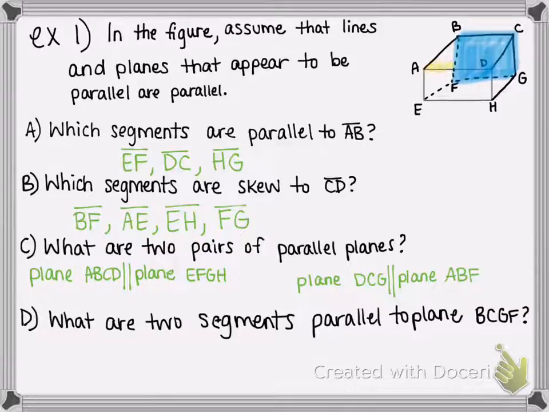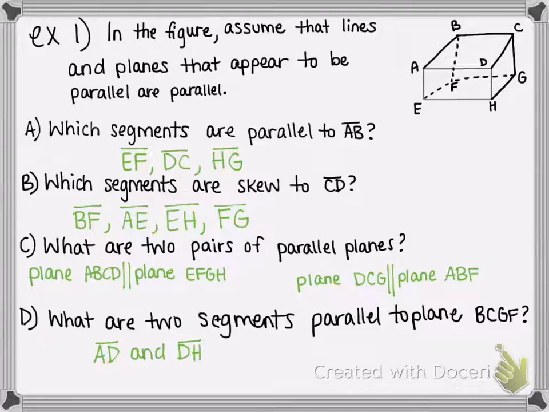AD over here is never going to intersect with that plane, or you could even have DH right here. DH is going up and down, but it's still parallel with that plane. Or you could have EH down here or AE over here. Again, I only wrote down 2, and I chose AD and DH. This is video number 1, so move on to video 2.